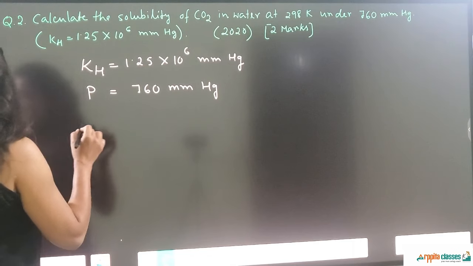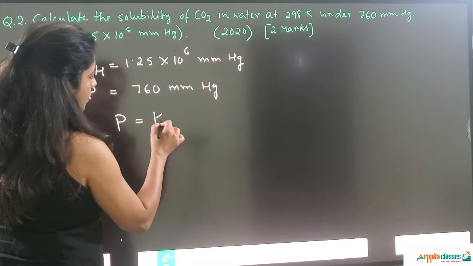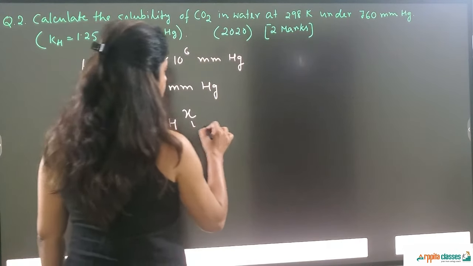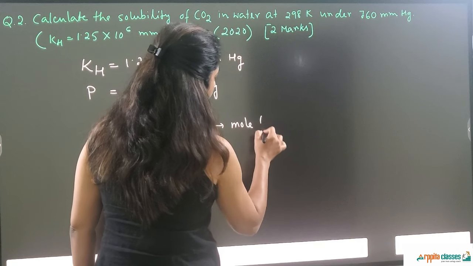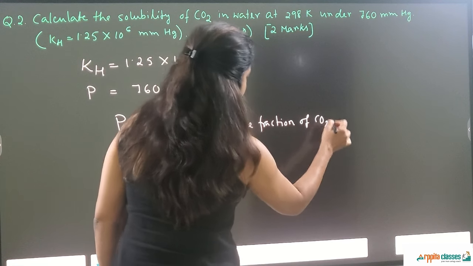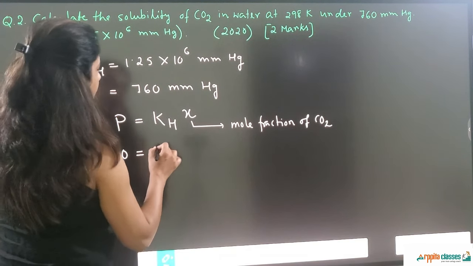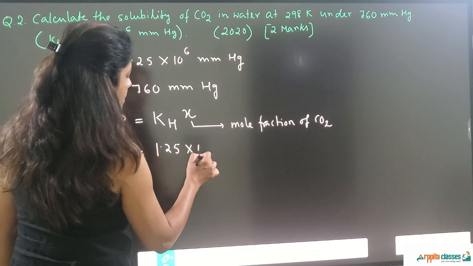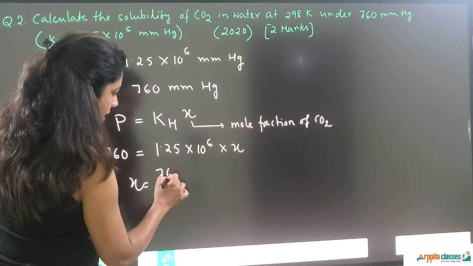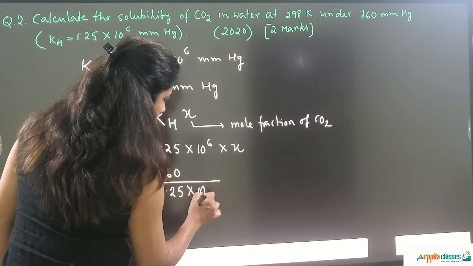We know the formula: P is equal to Kh into X. This is the formula, where X is the mole fraction of CO2 here. Now P is given as 760, so we'll put 760 over here, and Kh is 1.25 into 10 to the power 6, into X. So the value of X will be 760 divided by 1.25 into 10 to the power 6.